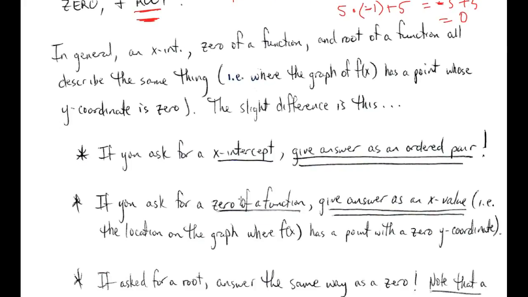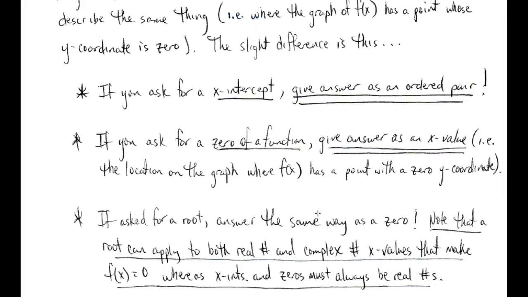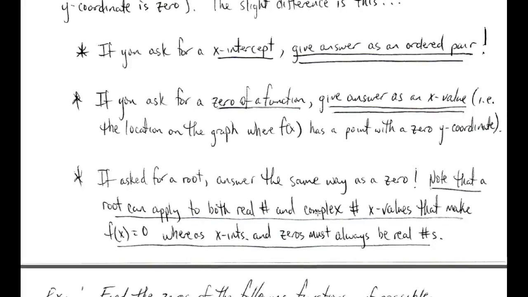Again, all that I've been saying here is that, in general, an x-intercept, zero, or root of a function all describe the same thing: the graph of the point whose y-coordinate is 0. We have a slight difference: an x-intercept is basically an ordered pair, while the zero of a function gives an answer as a value.